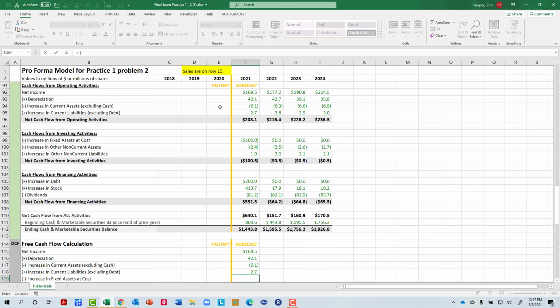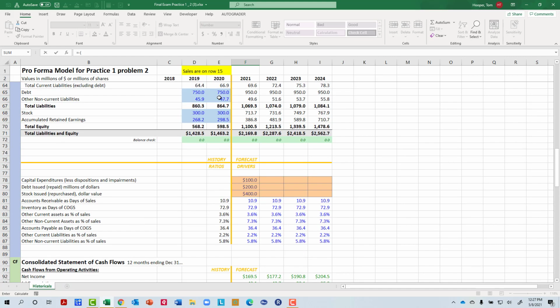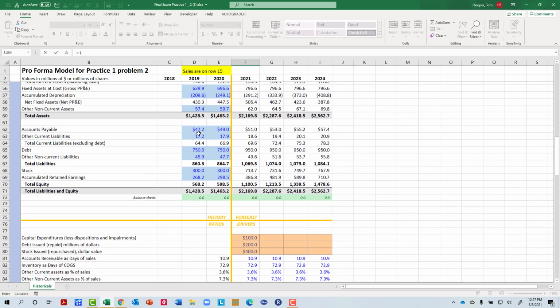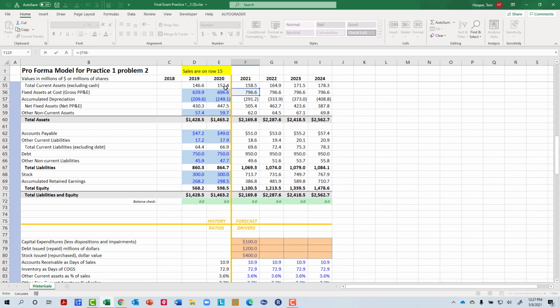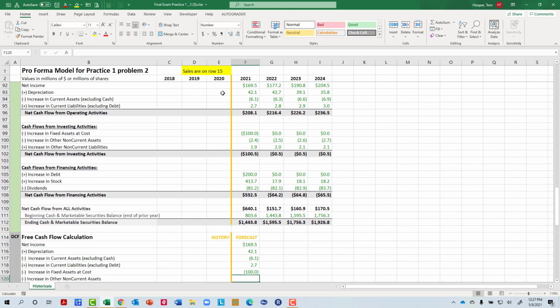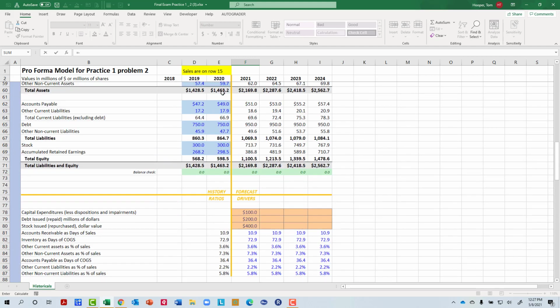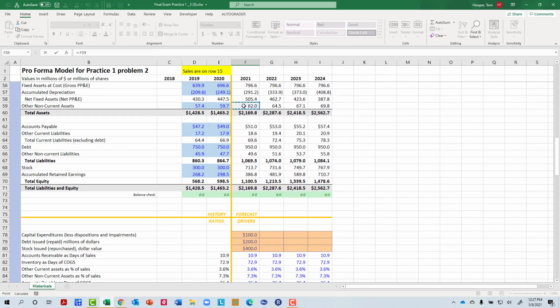Subtract off our increase in gross PP&E. That's a capital that we spent. And subtract off any increase in other non-current assets. Forgot my parentheses on the front end.